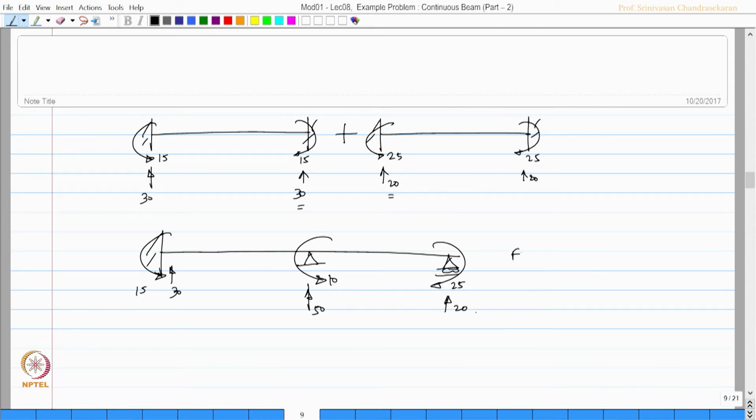This is my fixed end moments, it is not the joint load, please understand. Now, I want to create the joint load. I draw the beam.